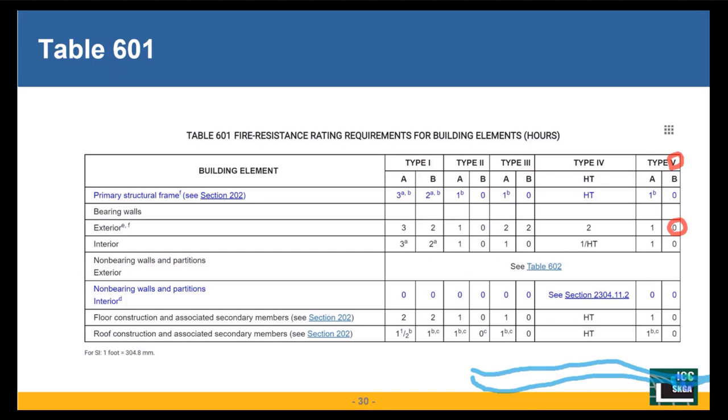And that's where I went back and said, if we do 1A for a high-rise building, the code now is allowing you to go with unlimited height, and we'll talk about heights shortly, but it restricts you to have a primary structural frame that has 3 hours, and exterior bearing walls are 3 hours, and the interior bearing walls are 3 hours. Whereas you cannot build a type 5B high-rise building of unlimited height because it's unrated. These elements are not rated. If you have a fire, you have a high risk of loss of life or building collapse.